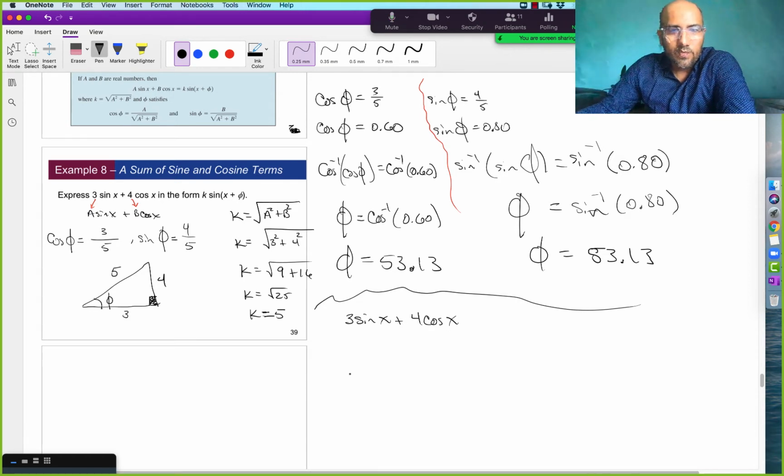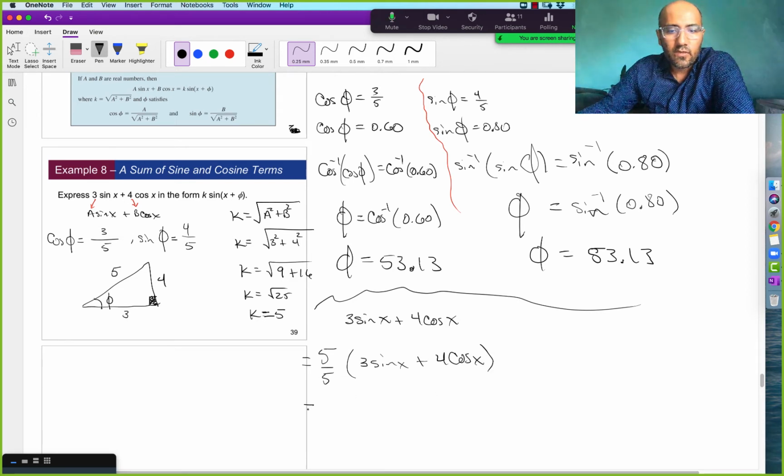We've decided through our formula that we needed to figure out this value of k. Once we find the value of k, we have this magical property that says the original is equal to 5 over 5 times 3 sine x plus 4 cosine x.